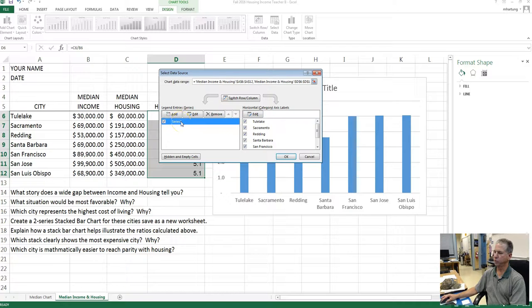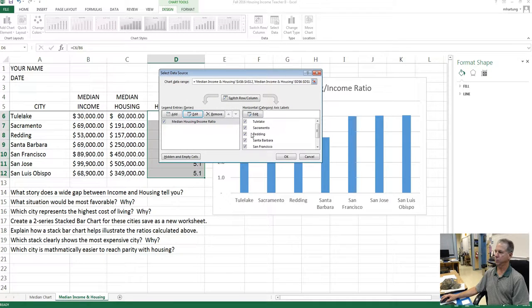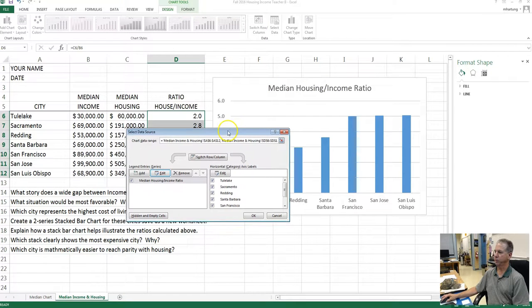Come on over to our Series 1 and edit so that we can give it a title. And let's call that Median Housing Income Ratio. And it went ahead and put that into our title for this particular format of a chart.